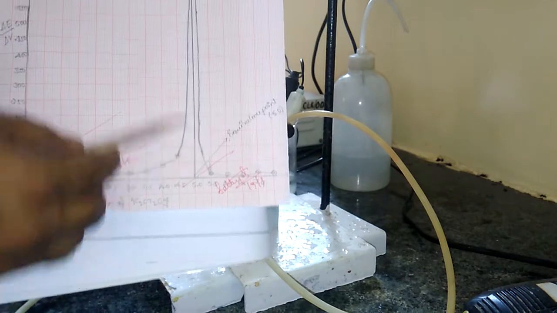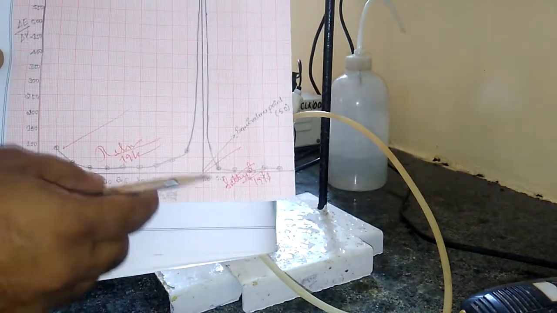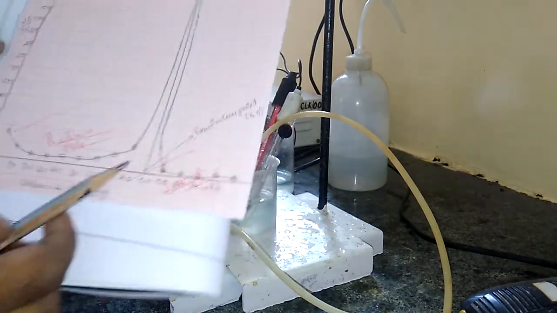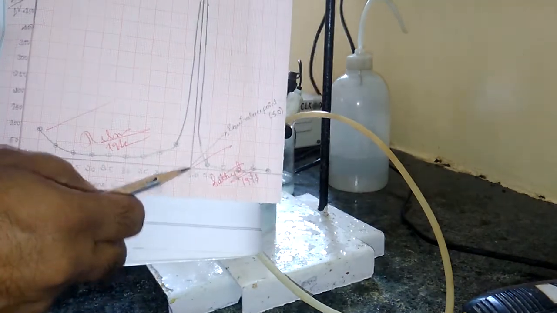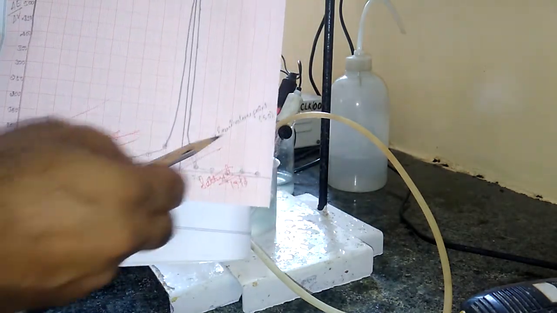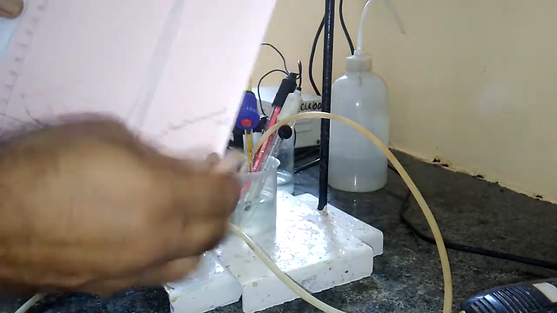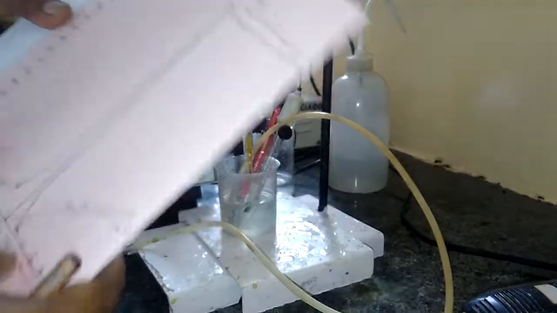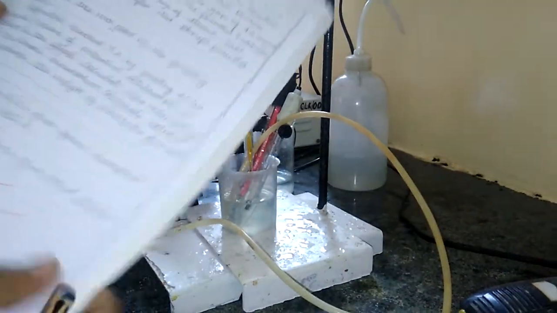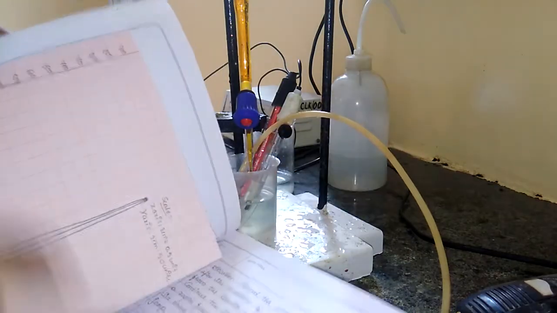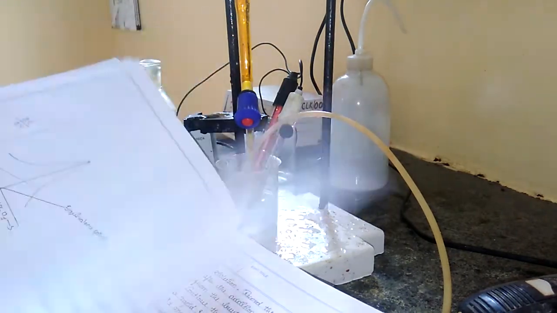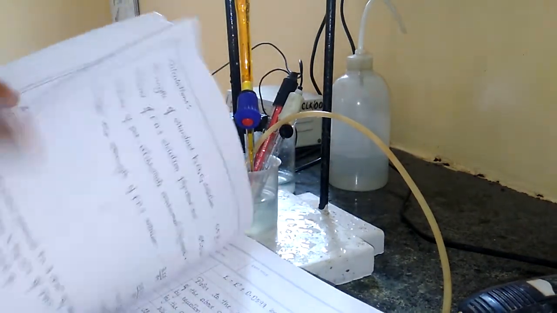This is called the peak. So we have to record this equivalence point. Maybe here, at the volume of 5, we are going to get this equivalence point. By noting down this equivalence point, we are going to calculate the amount of FAS, the strength of FAS, by simple calculation.